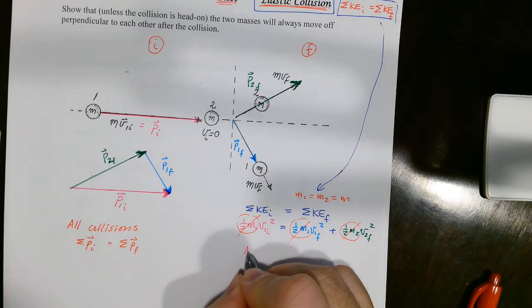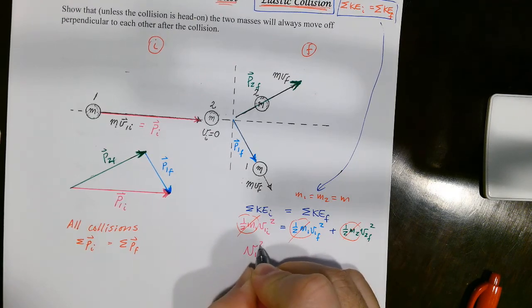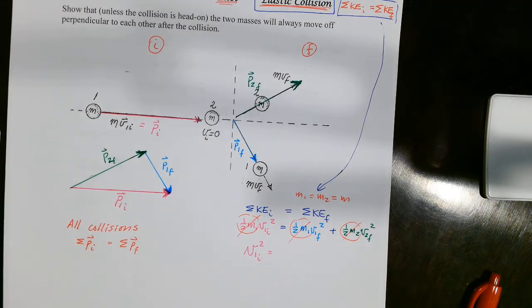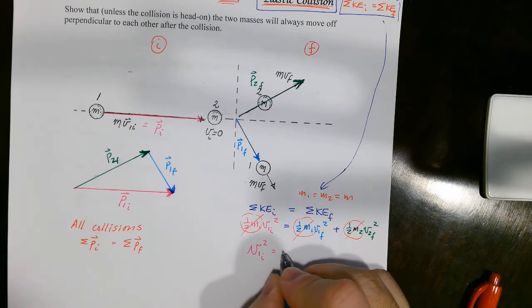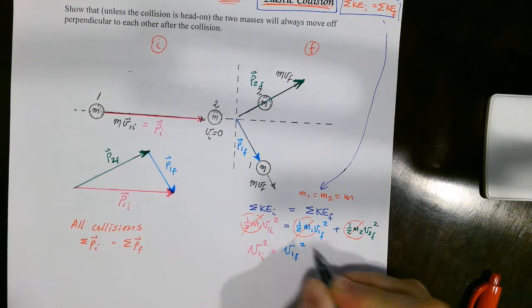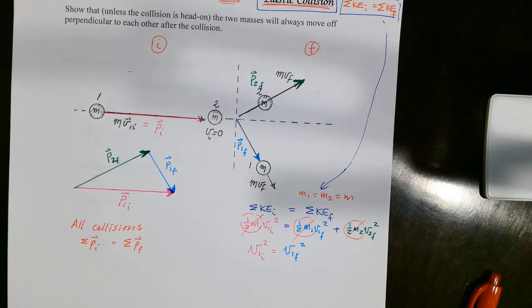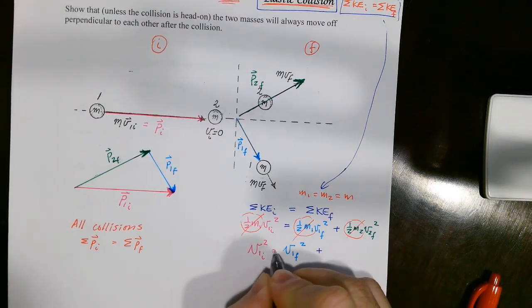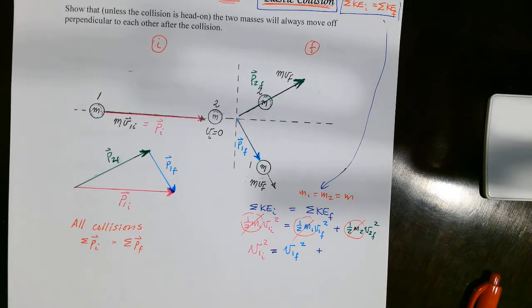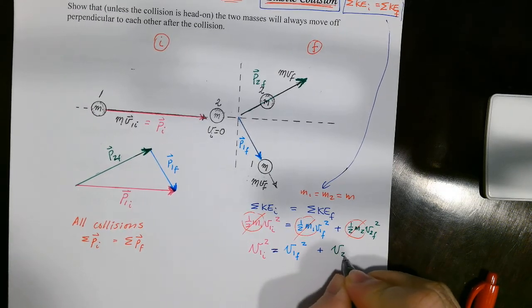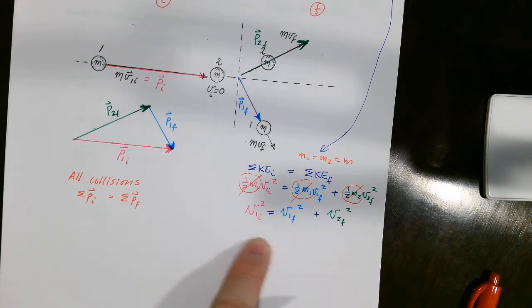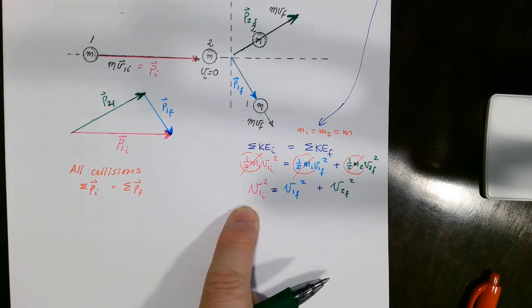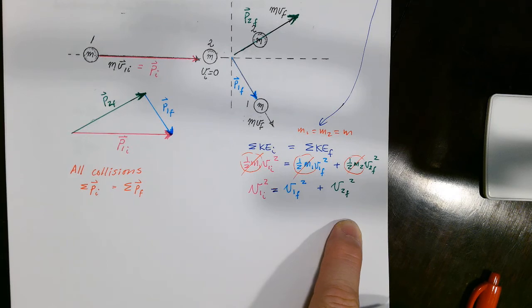My v1 initial squared is equal to v1 final squared plus v2 final squared. Does that look familiar? This looks like a Pythagorean theorem.